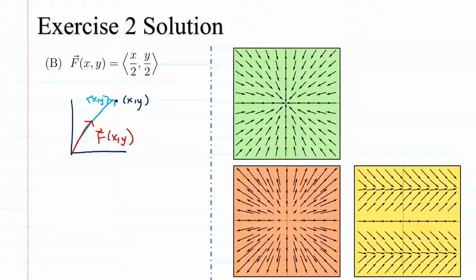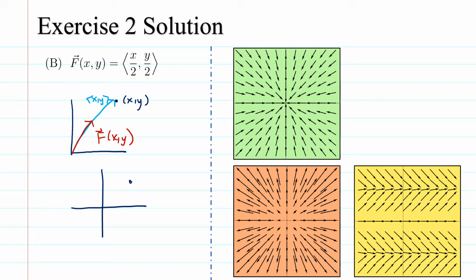Ayan. So kung i-draw natin yung vector field at any xy, may itsura. Kung ito yung xy, yung f of xy is itong same vector na to pero drawn from xy.